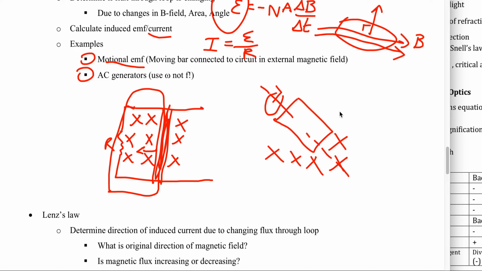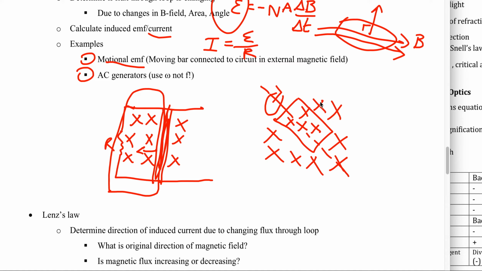You can see that when the loop here is in the plane of this paper, you've got lots of flux, you've got lots of field lines going into that loop. But as this loop is rotating, sometimes the loop is going to be perpendicular to this plane, and it's not going to catch any field lines. There's not going to be any flux.